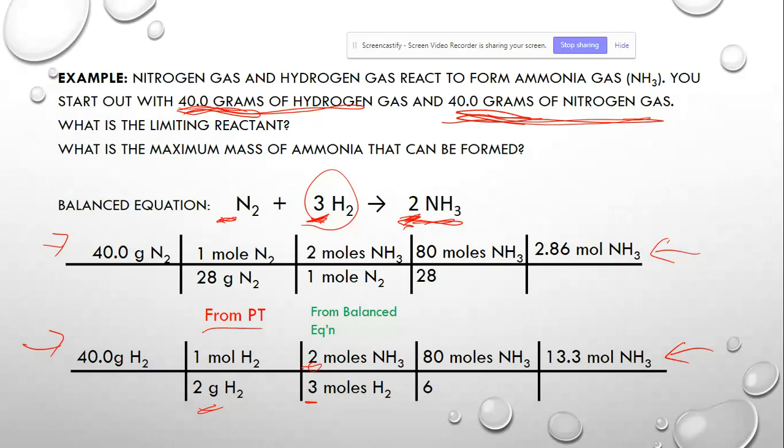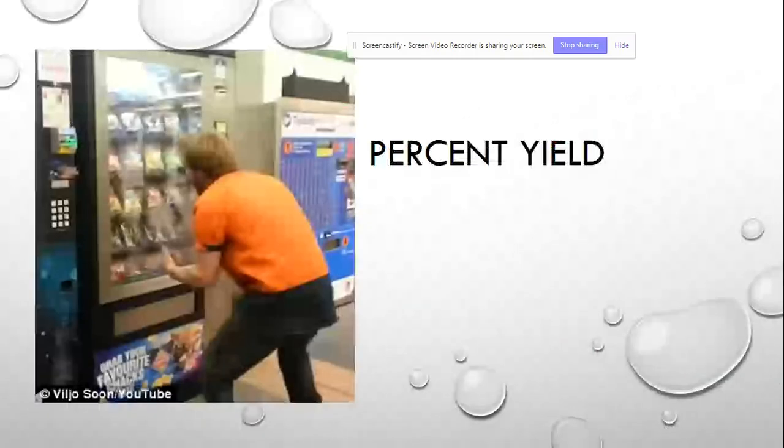And in the end, the one that makes the least amount of product, which in this case is nitrogen, is your limiting reactant. So nitrogen turns out to be limiting because it makes the least amount of product. And this implies that we'd have all sorts of hydrogen left over, but it doesn't matter because we're out of nitrogen. All right, so that is how we're going to do limiting reactants one more time, this time going from grams to moles instead of just moles to moles like we did before.